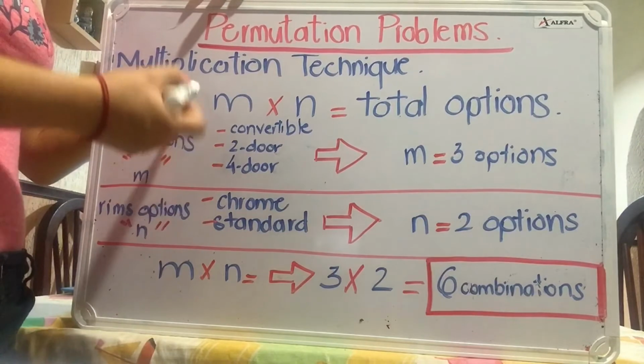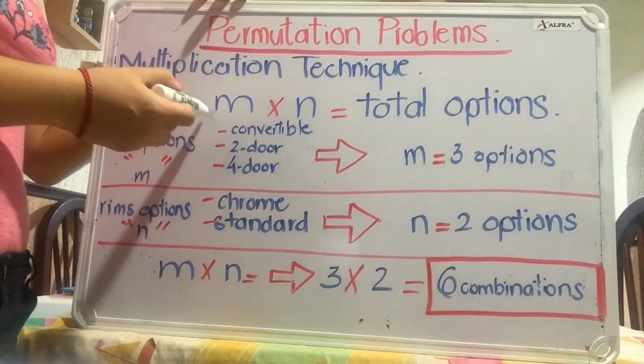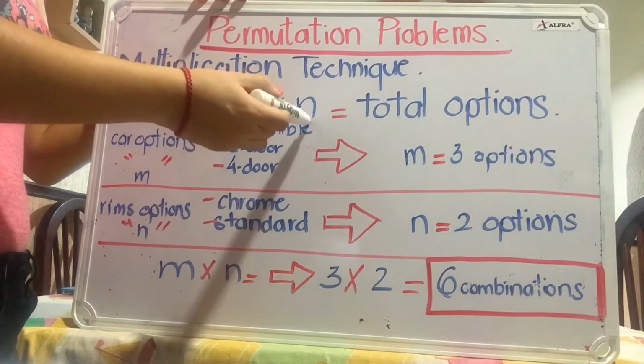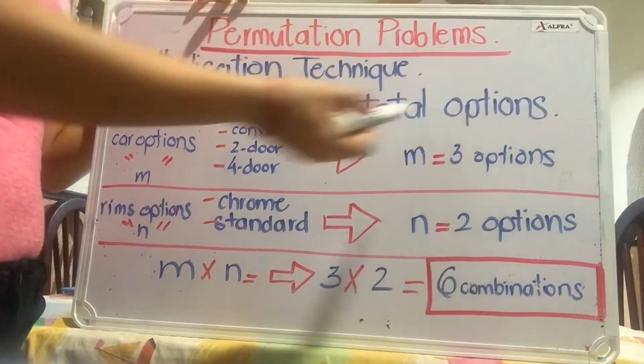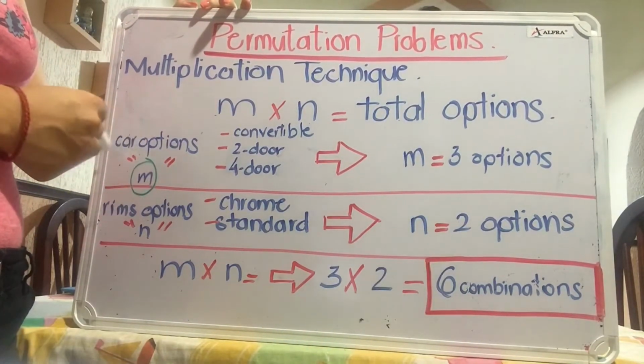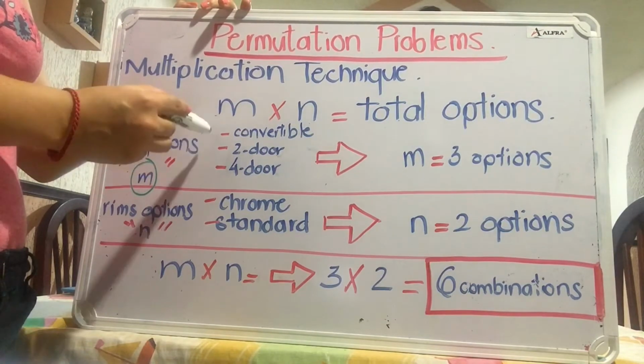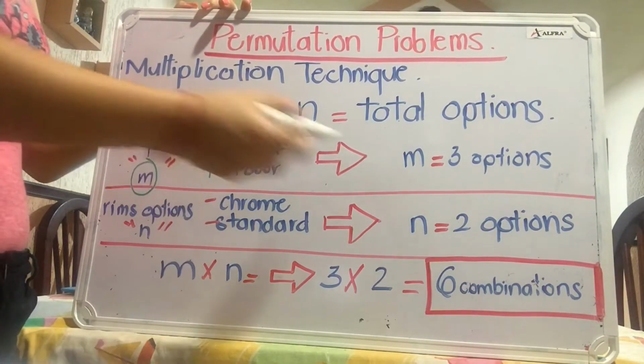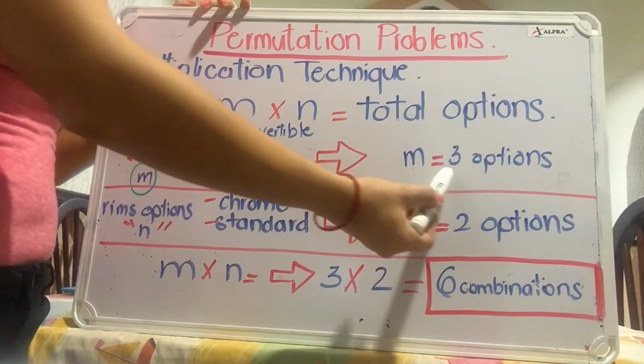So, based on the formula m times n equals the total of options, we determine as m the car options, 3 car options, so m equals 3.